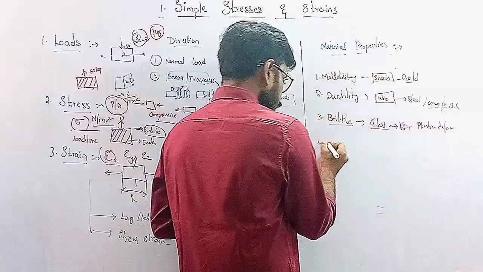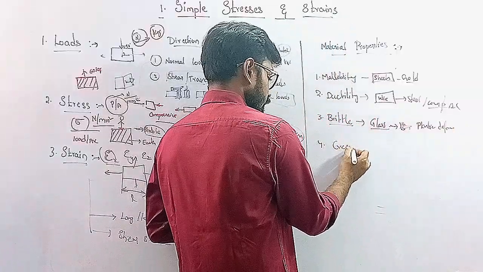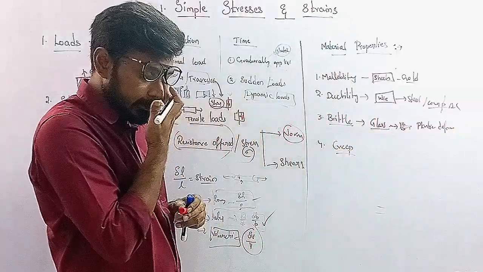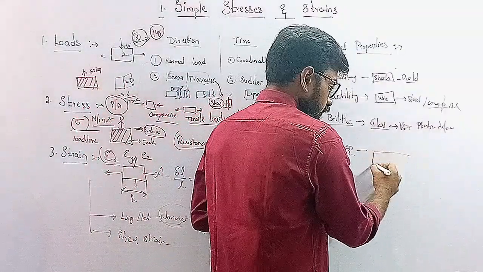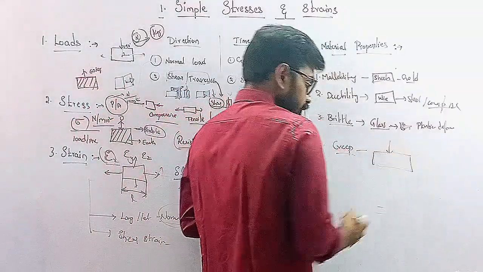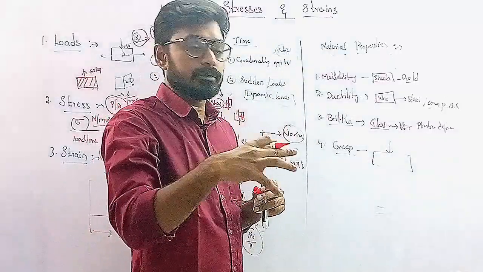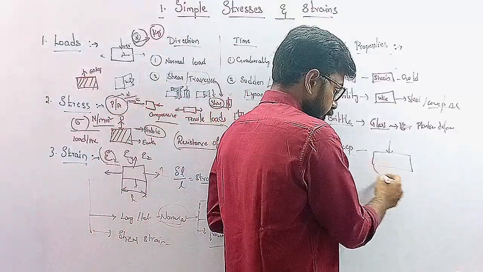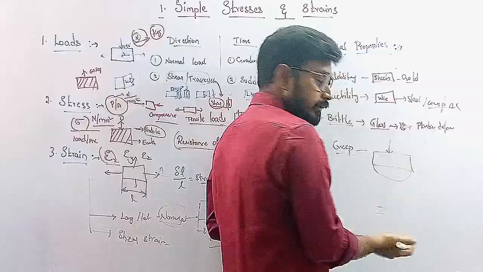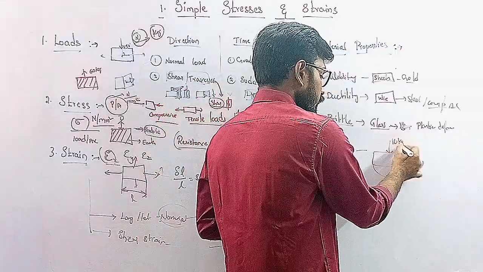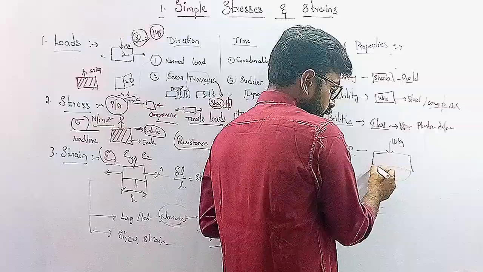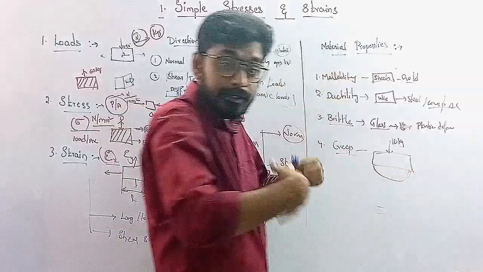Okay. The fourth one is creep. Creep is a material property where, due to the continuous load on a body, it will undergo continuous deformation. That means plastic deformation. It cannot regain its original shape with a constant load. For example, a load acting upon a plate: with time it will bend and cannot regain its original shape.